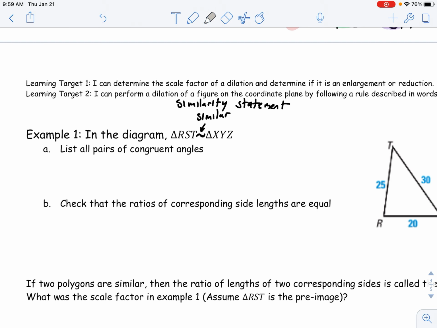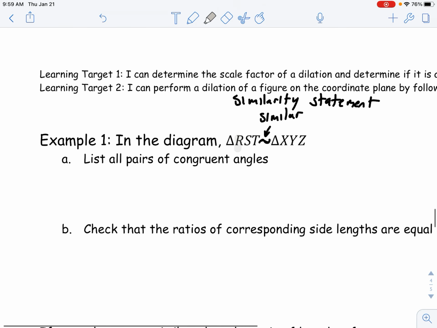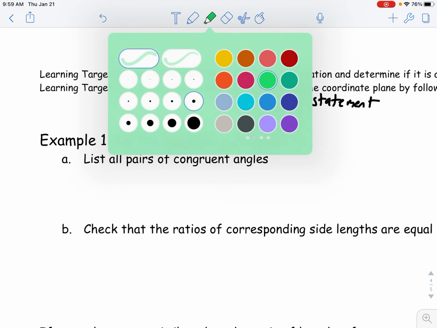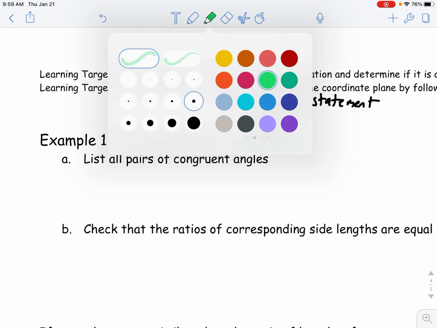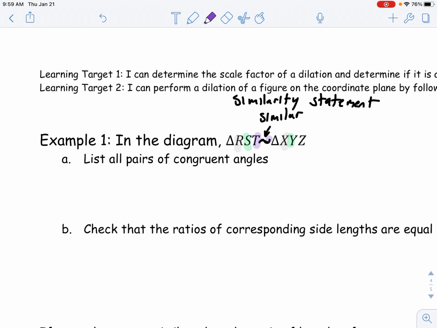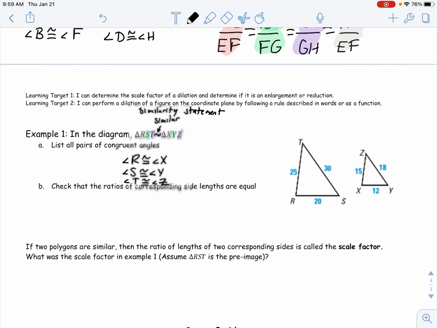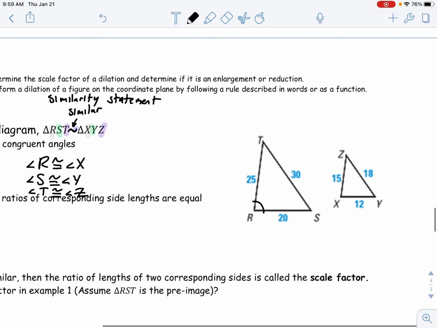Since angles are congruent, technically I don't even have to look at the triangle. I can just match up the first letters, the second letters, and the third letters. So angle R is congruent to angle X. Angle S is congruent to angle Y, and angle T is congruent to angle Z. And then I can go ahead and mark that in my picture if I want.